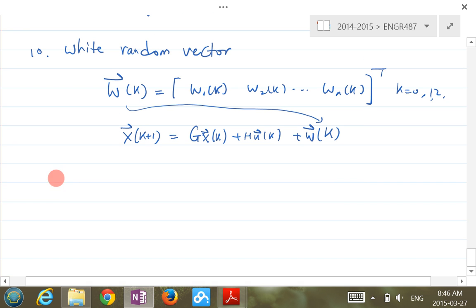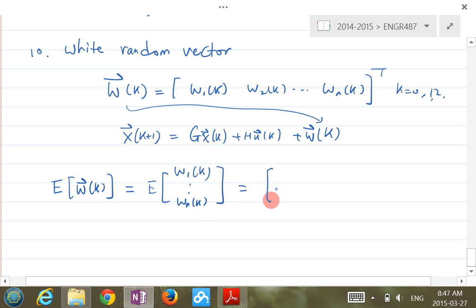So if we write the expected value of this white random vector, W1 of k through Wn of k, we're going to consider them white, so the means are all going to be 0, for each k, not just 1, not just 2, for any k value at each time instant.